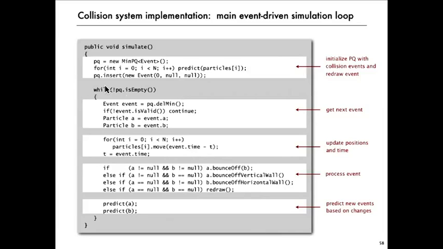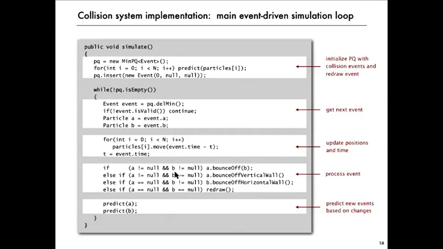Okay, so now the main loop is: while the priority queue is not empty, we pull off an event. We test whether it's valid, and that's just to check if anything happened with those two particles. We pull off the two particles. Then we move all particles by the amount of time that has elapsed since the last event.